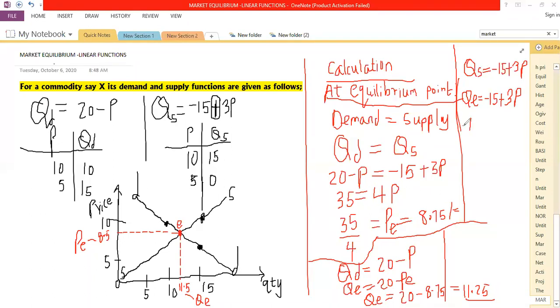So you'll take negative 15, you add 3 times the price we had found of shillings 8 and 75 cents.